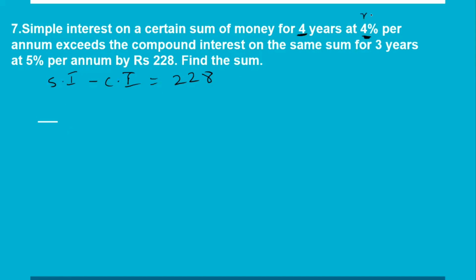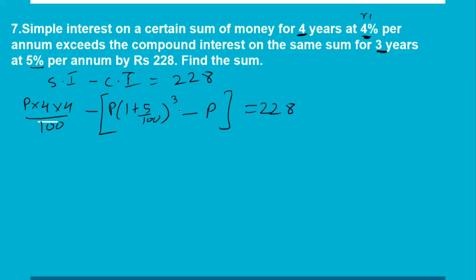So simple interest is P into 4 into 4 upon 100, minus compound interest, which is P in bracket 1 plus 5 upon 100 raised to N, where N is 3 years, minus P. Since it is minus, let us put this all in the bracket, is equal to 228.